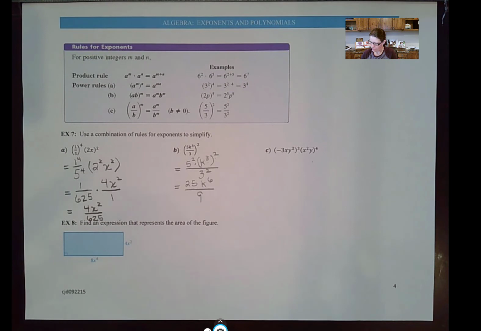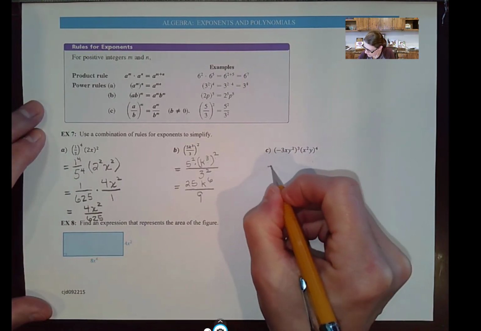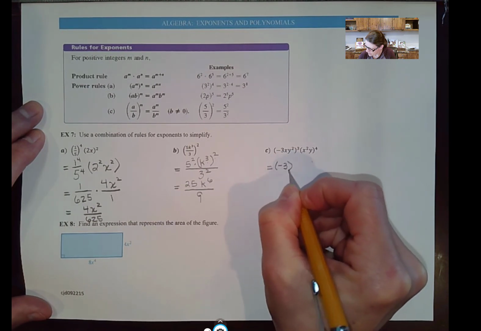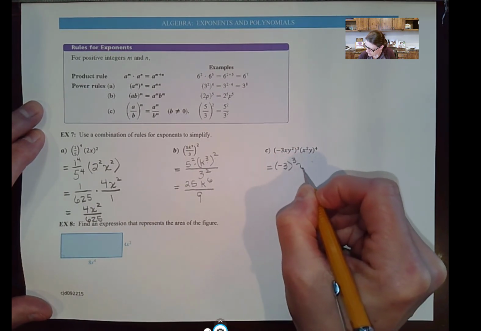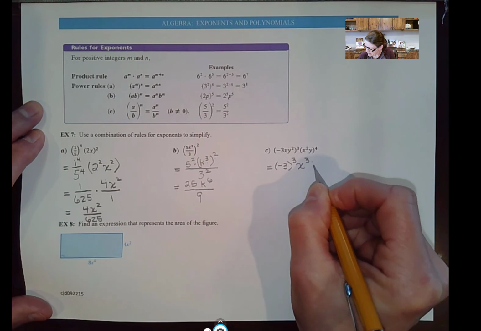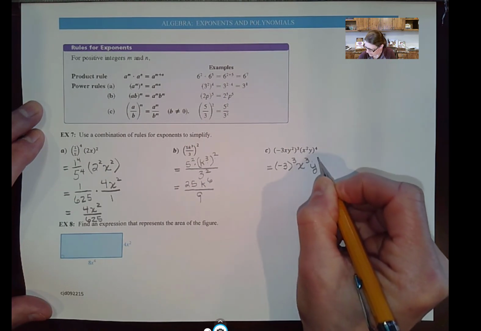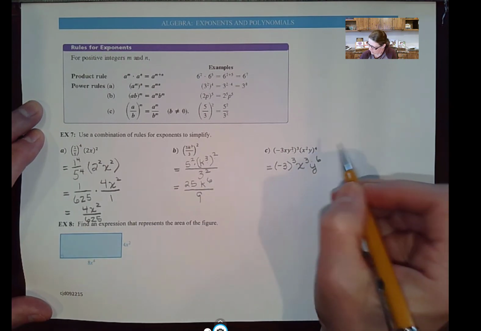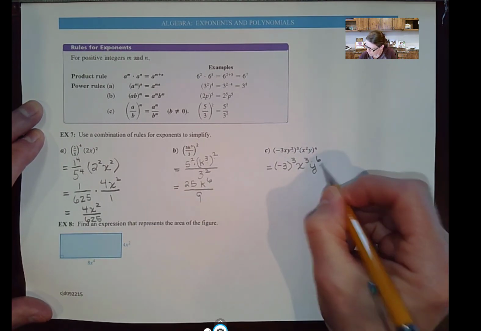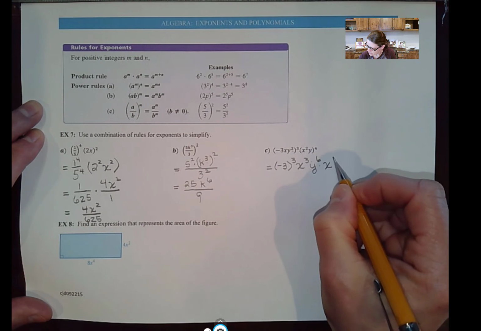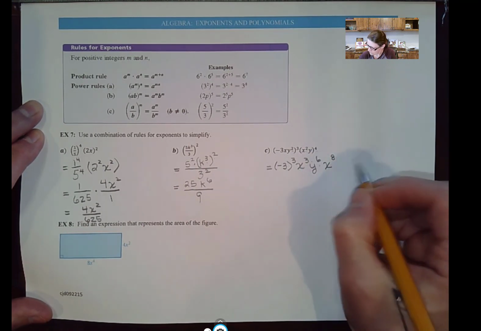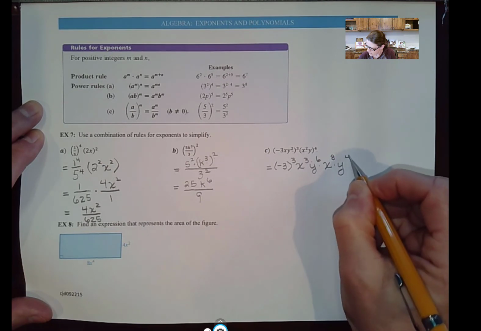And lastly here, part C, we're going to have a negative 3 to the 3rd times x to the 3rd times y to the 6th. I'm going to go ahead and multiply here, 2 times 3. This is all multiplication, so we're going to multiply that times x to the 8th, power to a power, multiply, and times a y to the 4th.